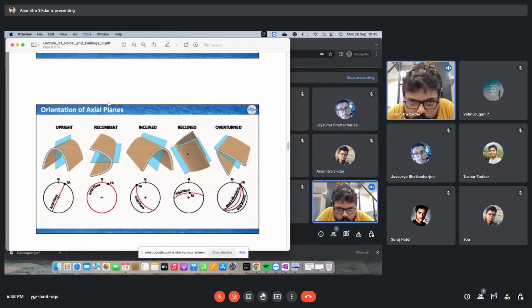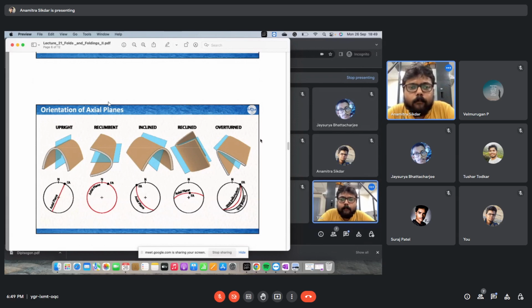So the pitch of the fold axis, which is this one, will be around 90 degrees. So 80 to 100, this is the definition. If we have this, then we will call them reclined fold, right?